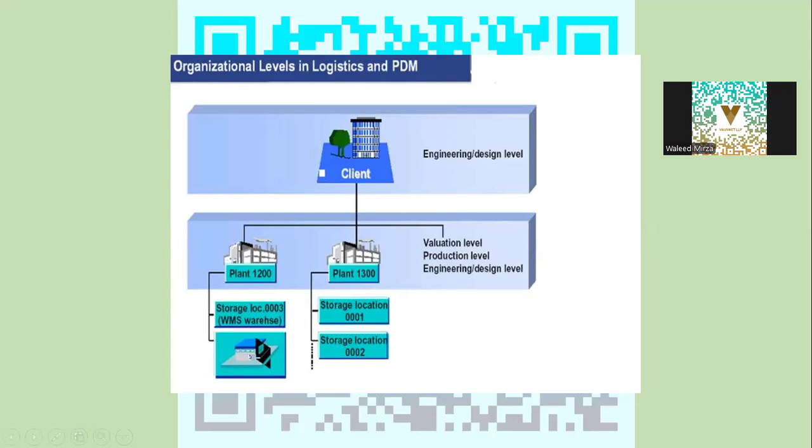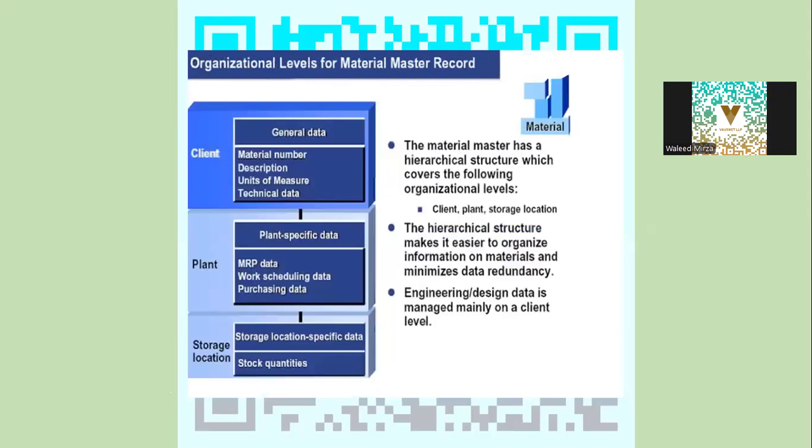That depends. So in material master record, we have multiple sections. Client, plant, storage location. These are some of the sections that you will find. And under every section, we have some more subsections like under a client, because a material master is created independent of a plant. It will have material number, its description, units of measure. It will have plant.